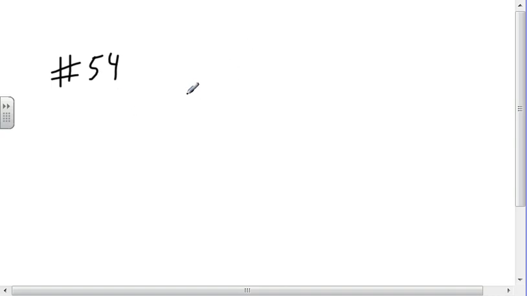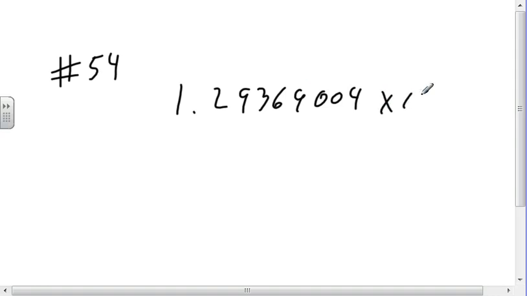Okay, so I've got 1.29369004 times 10 to the minus 8th. Now, there is something wrong with that answer. What is it? Well, in my problem, I only have 3 significant digits. So in my final answer, I should only have 3 significant digits. 1.29 times 10 to the minus 8th.